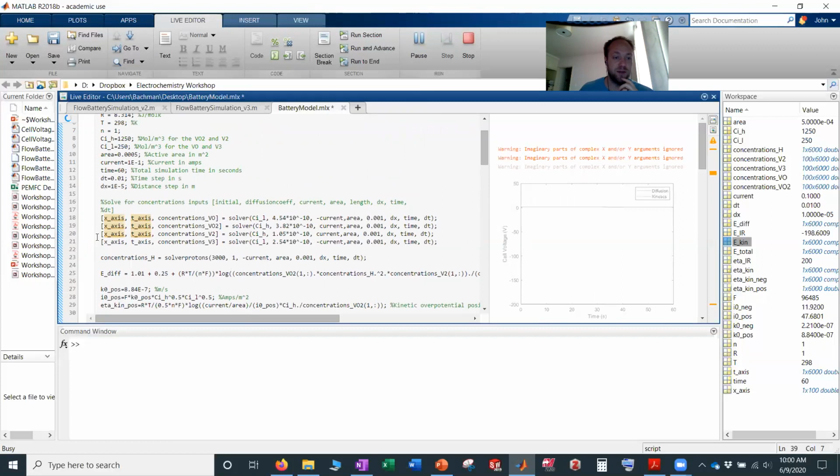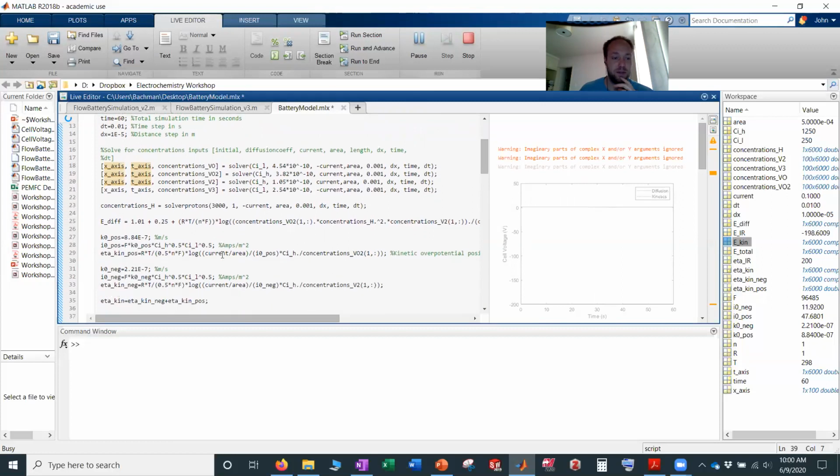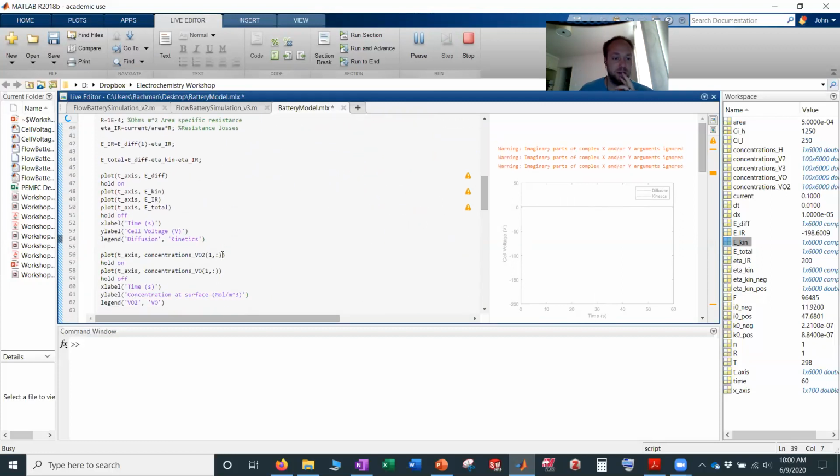The annoying part is it has to run through this whole solver every time, but I don't know why it takes so long to go through this plotting portion of it. So maybe that's the downside with the live scripts.